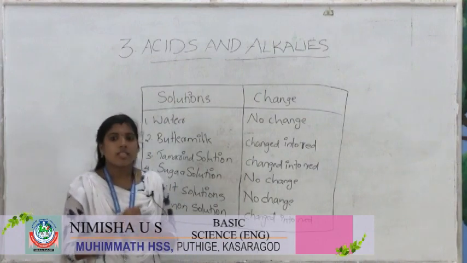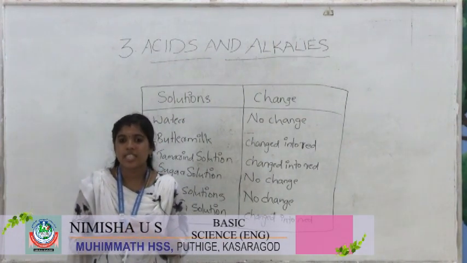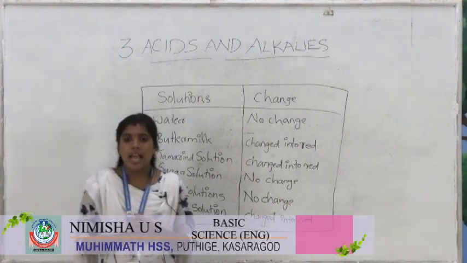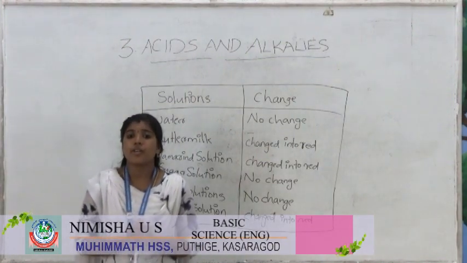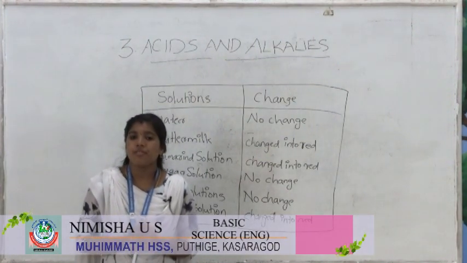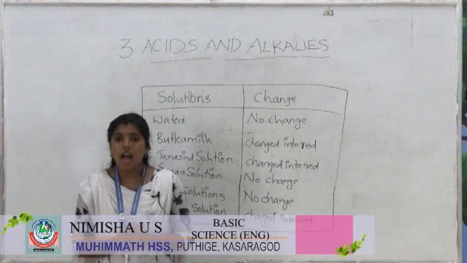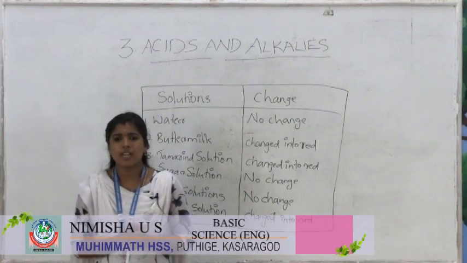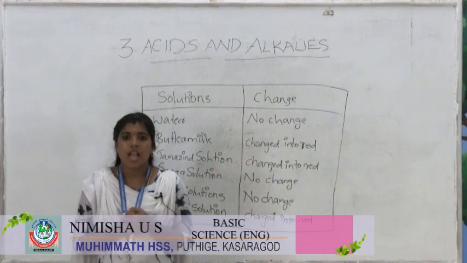So, the acids present in food materials are weak acids. And the strong acids like hydrochloric acid, sulfuric acid, nitric acid, etc. are used in laboratories for doing higher experiments. They are strong acids.